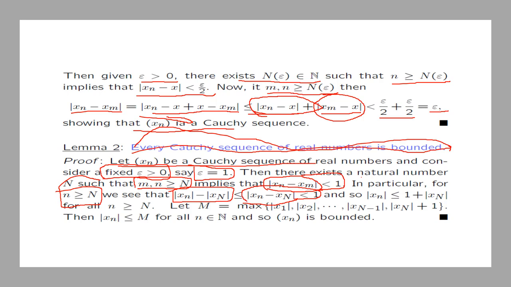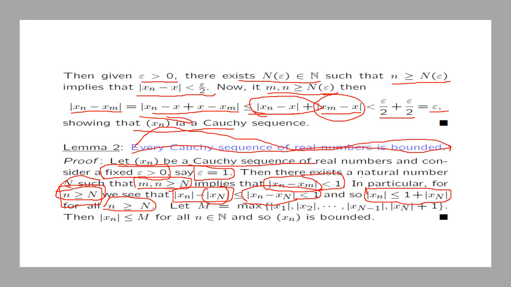So if you take this one to the right, you end up with the fact that if n is bigger or equal to capital N, then the magnitude of xn is less or equal to 1 plus the magnitude of xN. But this is only true if small n is bigger or equal to capital N.